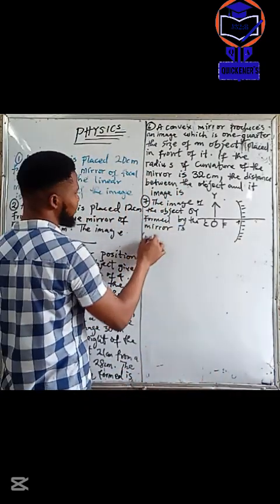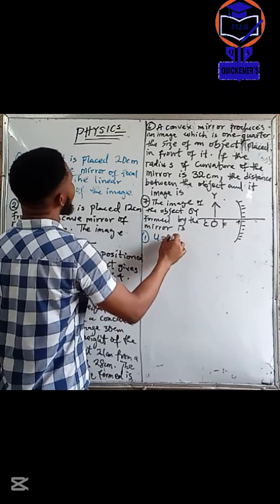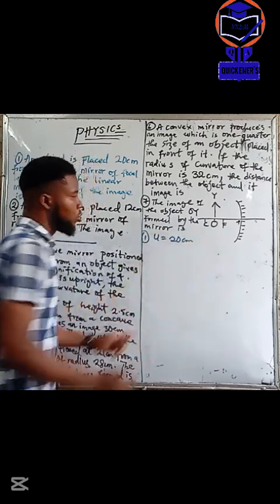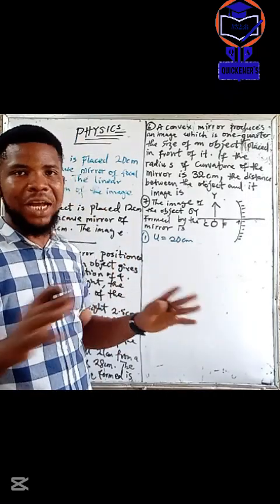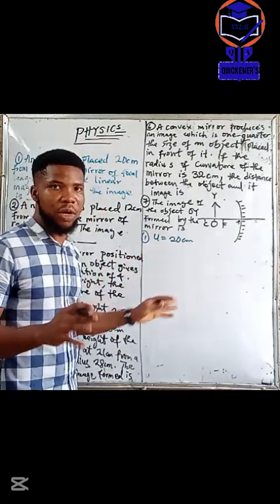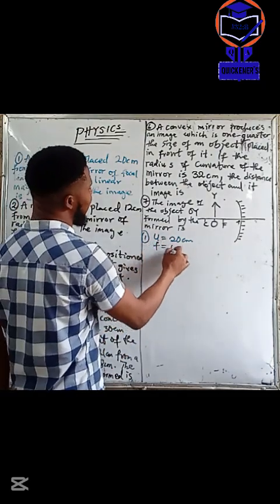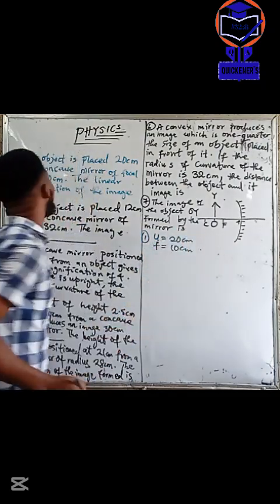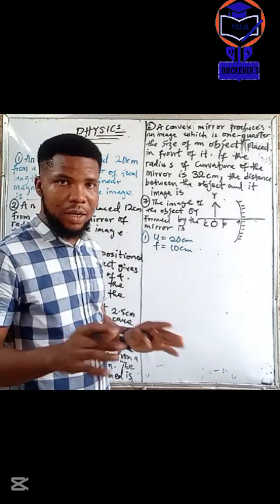The object is placed 20 centimeters, alright? So we use u for object distance. Then the focal length is what? 10 centimeters, okay? Isn't that the focal length? The question is, what is the magnification?